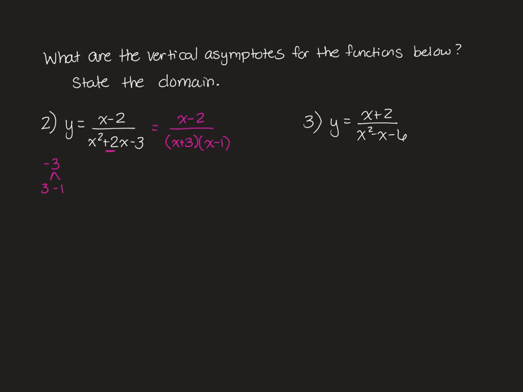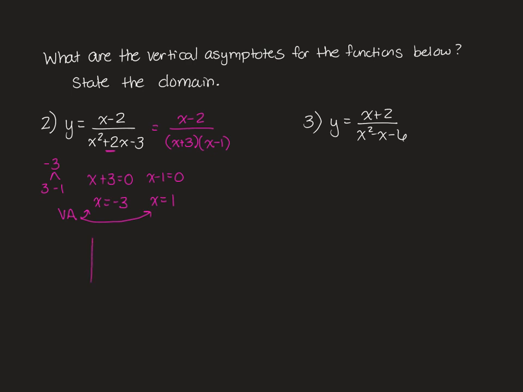Well, no. So we set our factors that don't cancel equal to 0, and then solve for x. So x is going to equal negative 3, and x is going to equal positive 1. That is where my vertical asymptotes exist, because these don't cancel.